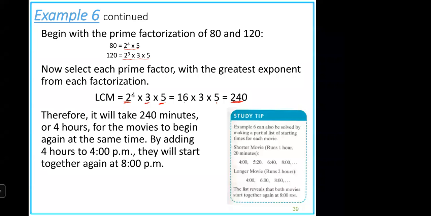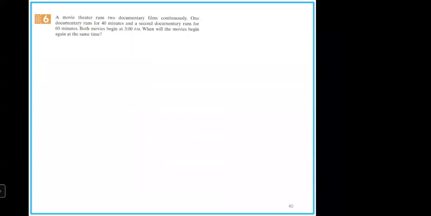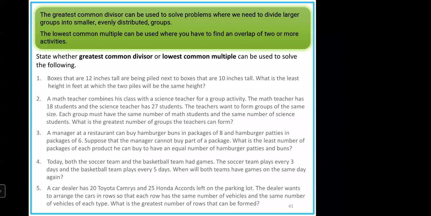Similar to what we did. Then you'll see the first time the two begin at the same time was 8 p.m. I'm not going to look at number 6 here. I'm going to move on to this slide in the interest of time.